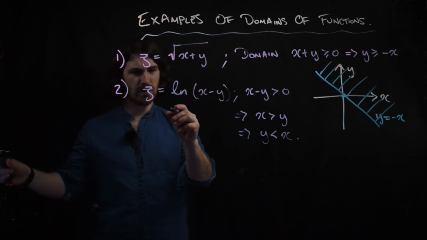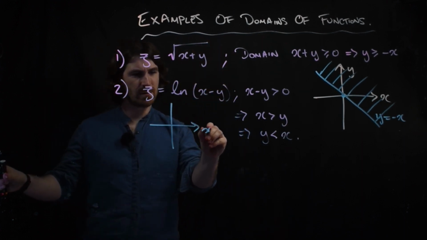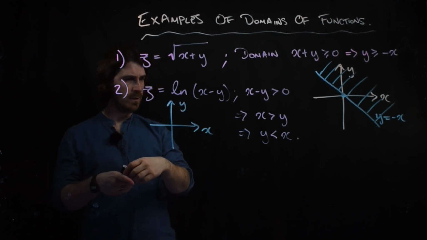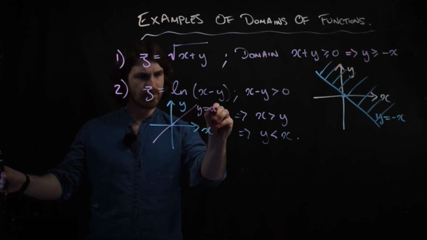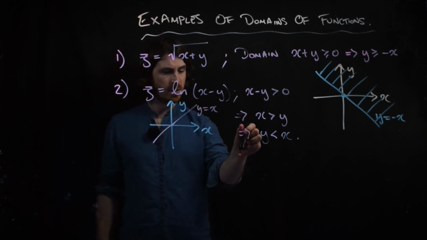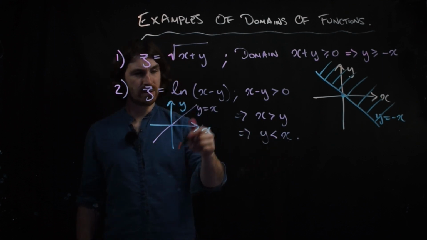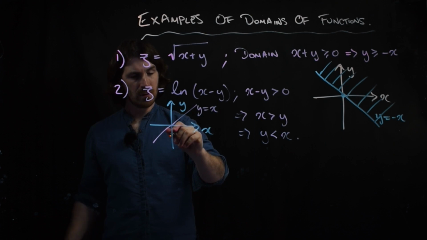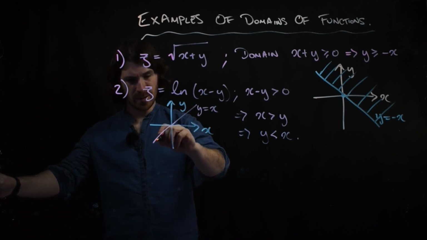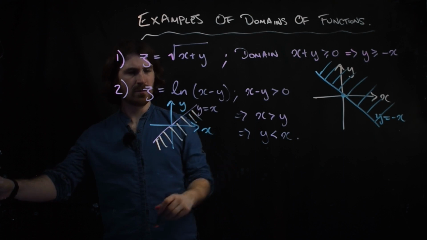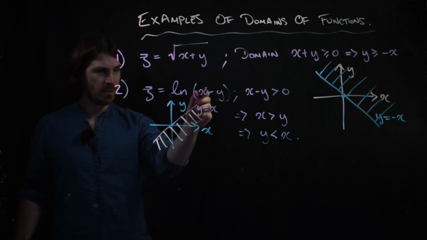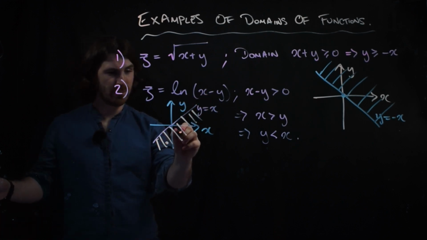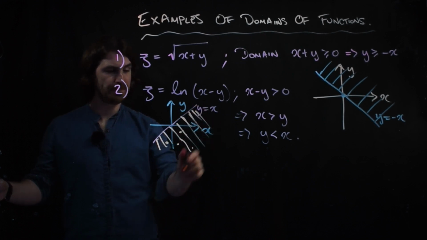For this one, let's draw our axes, x and y, and we draw the line y equals x. In this case, we have all the values of y that are less than x. So if this is y equals x, then the values of y less than x lie below this line. So this function z equals log of x minus y only takes coordinates from this shaded region.